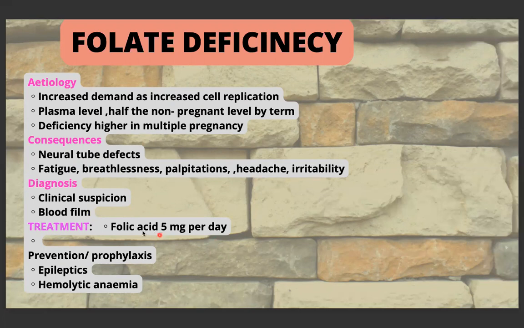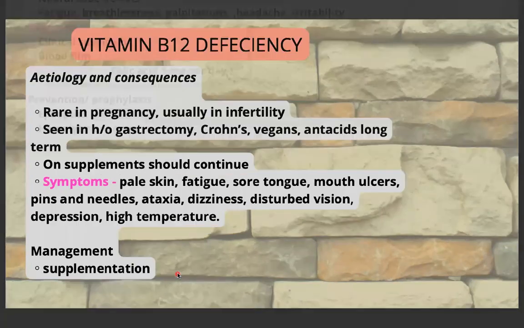And the treatment is to give folic acid 5 milligrams per day. Here for pregnant women, only the first 3 months, but for some hemolytic anemia, sickle cell disease anemia, sometimes for epilepsy on antiepileptic medication, we give it the whole pregnancy.